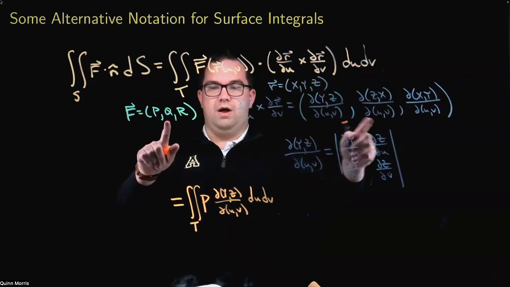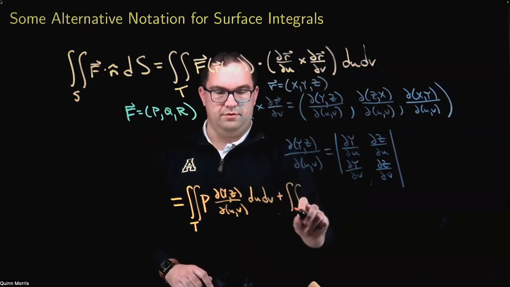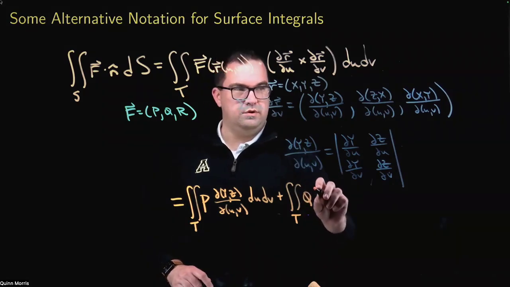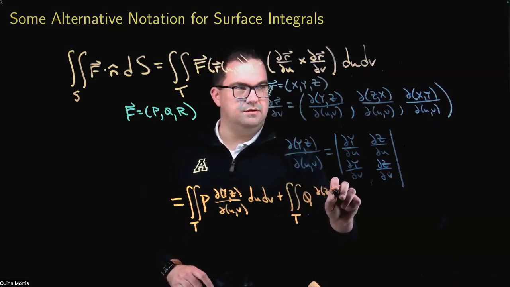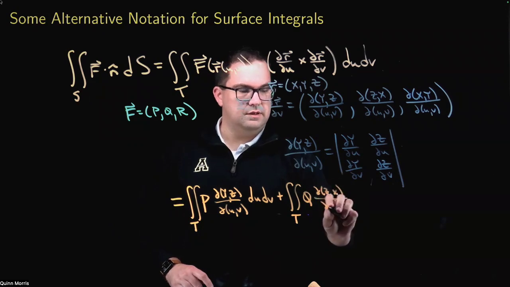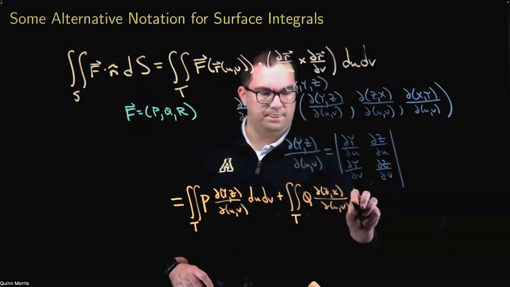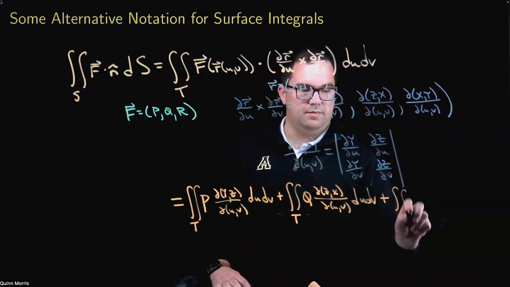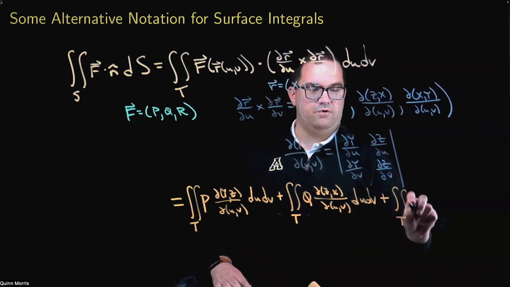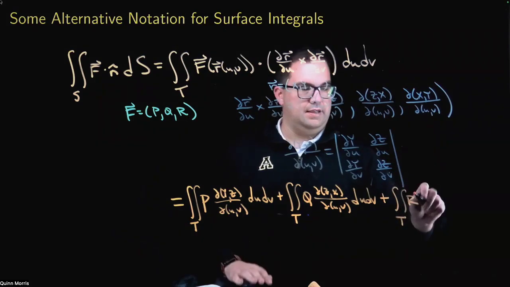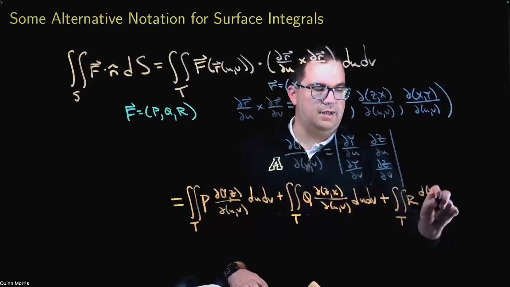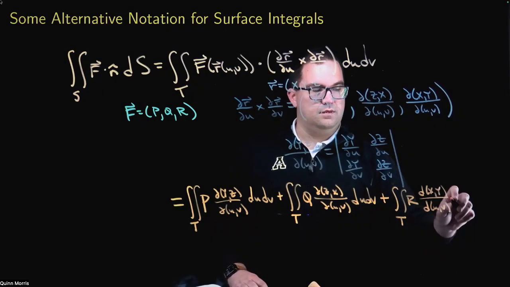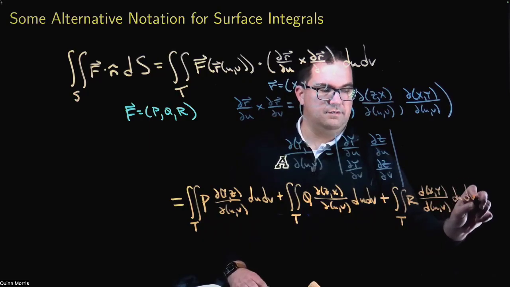Then I could do the y components, so that'd be another double integral over T of Q dzx over duv, du dv. And then finally, a double integral over T of R dxy over duv, du dv.